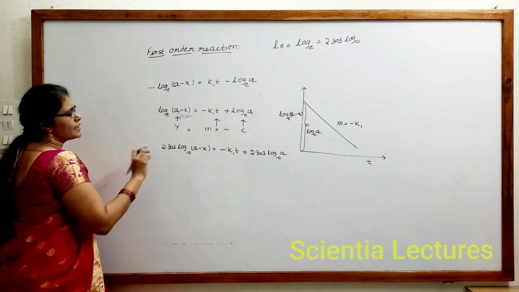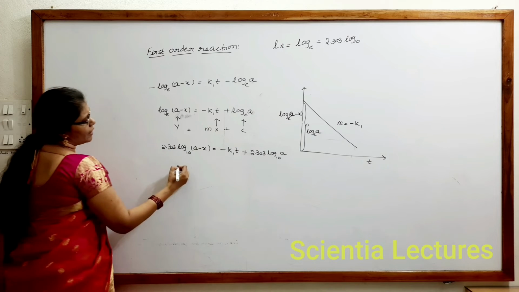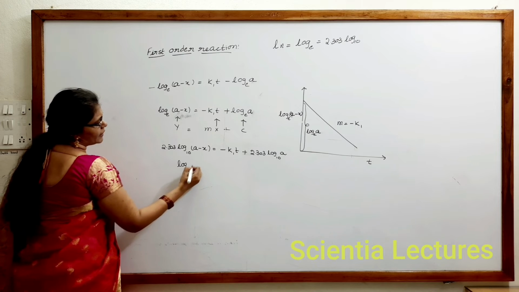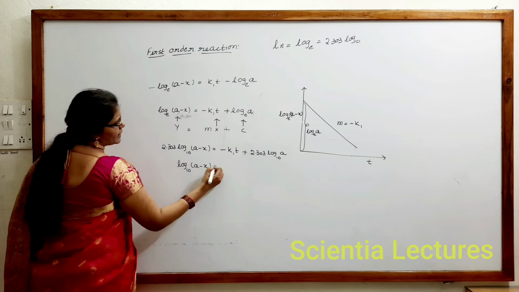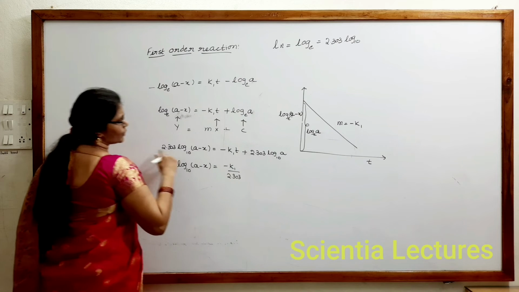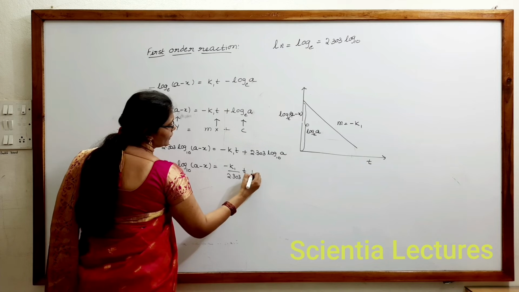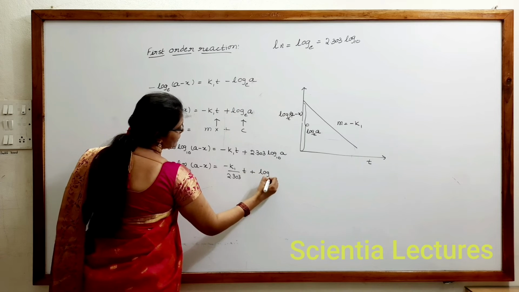Dividing throughout by 2.303, what do we get? Log base 10 (a minus x) must be equal to minus k1 by 2.303 times t plus log base 10 a.